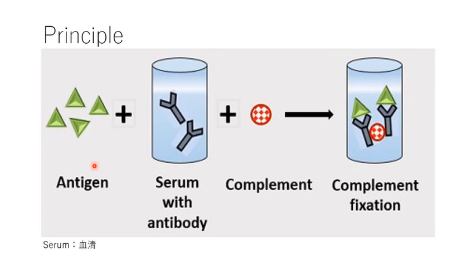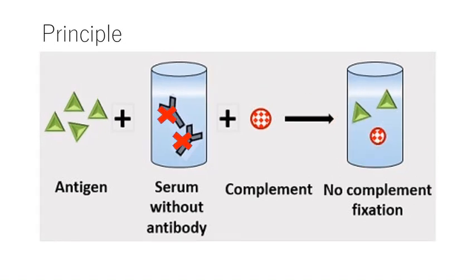Complement fixation test depends on the principle of fixing complement to the antigen-antibody complex. If there is specific binding between an antigen and antibody, a complement will fix with the antigen-antibody complex. Conversely, a complement will remain free in case of antibody's absence.